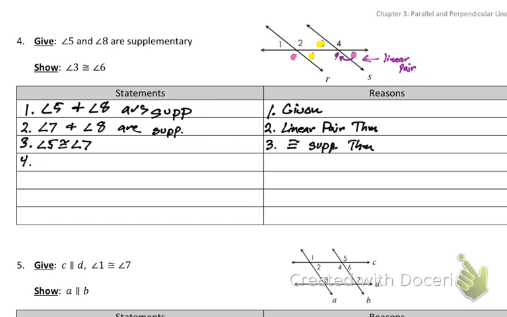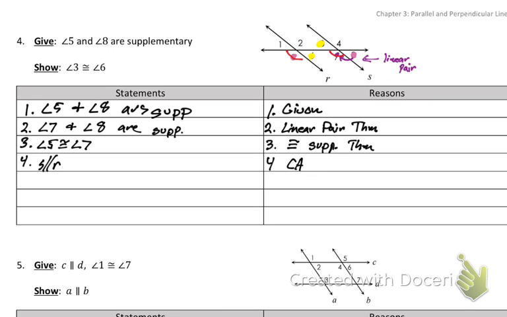Since 5 is congruent to 7, what do we know about the two lines? If 5 and 7 are congruent, let me draw that on there. So we now have in red, 5 is congruent to 7. S has to be parallel to R. Why do we know that? Because angles 7 and 5 are corresponding angles.